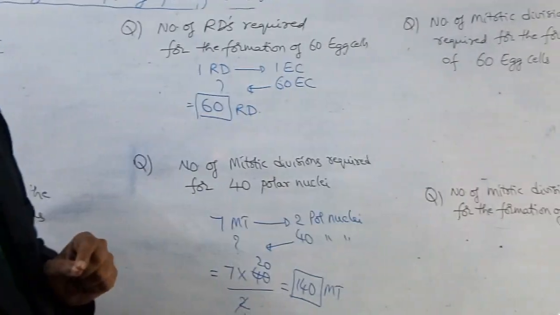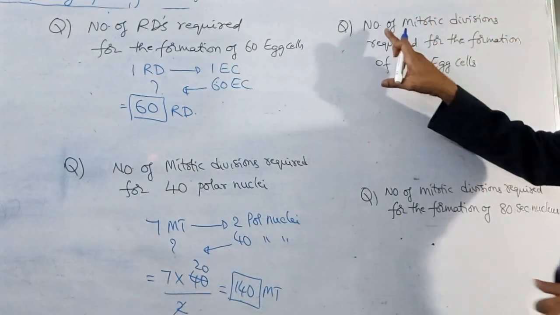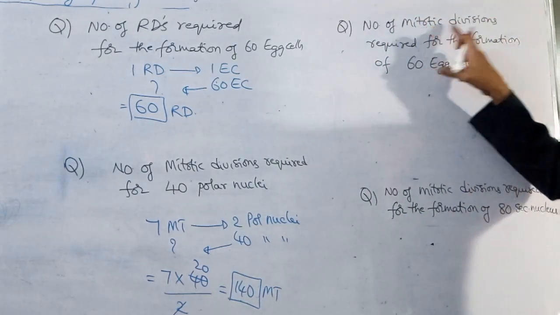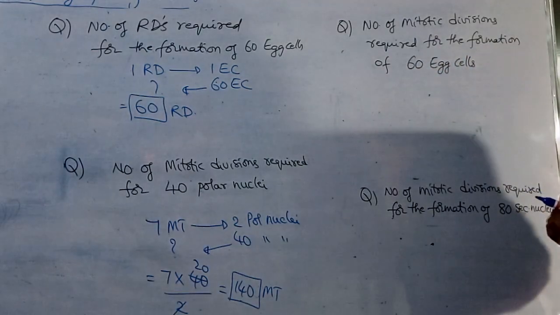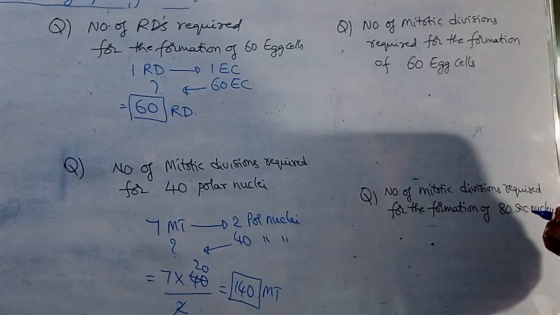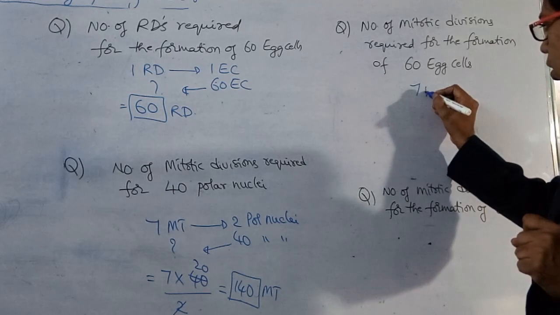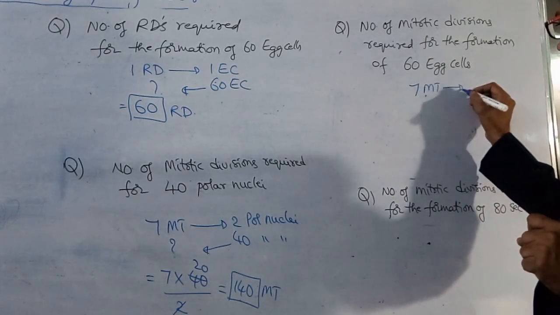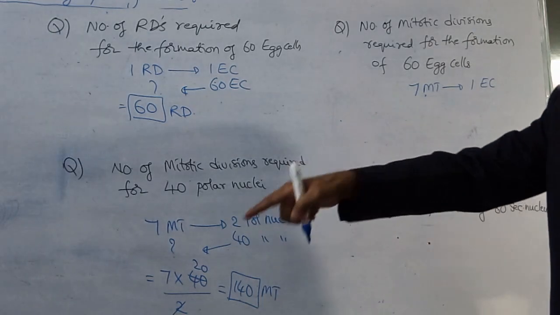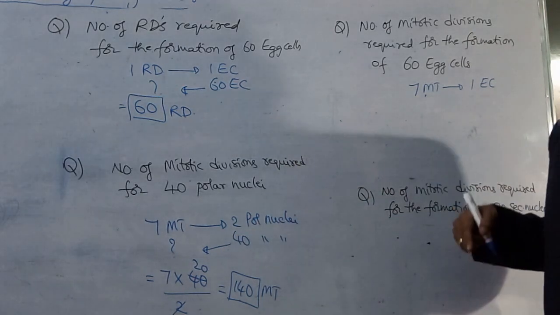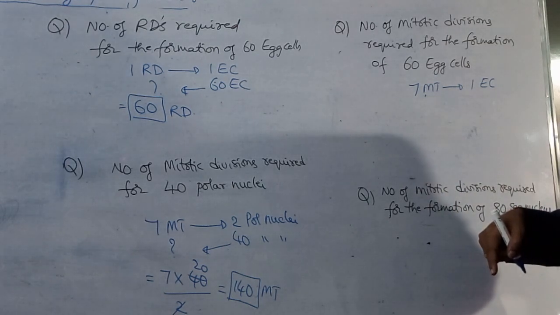Next, entering into another question, that is number of mitotic divisions required for the formation of 60 egg cells. In each embryo sac, how many egg cells are present? Only one egg cell is present. So 7 mitoses are required for the formation of one egg cell. Don't confuse mitosis and meiosis. Previously I told that one reduction division is required for the formation of one egg cell.